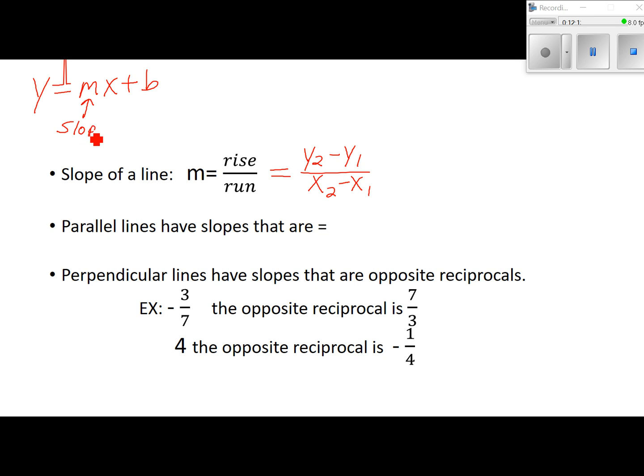Slope. The b stands for the y-intercept. Good. The y-intercept. It's where the line crosses the y-axis. The y-intercept is where you always start at. That's where you're starting drawing your line if you have to graph it. You're starting at that y-intercept, then we use the slope to go from there.